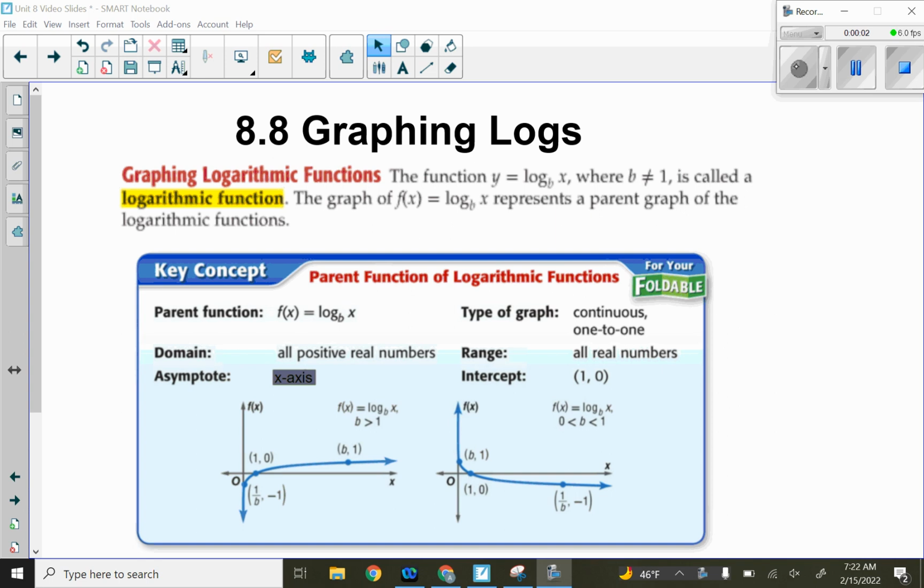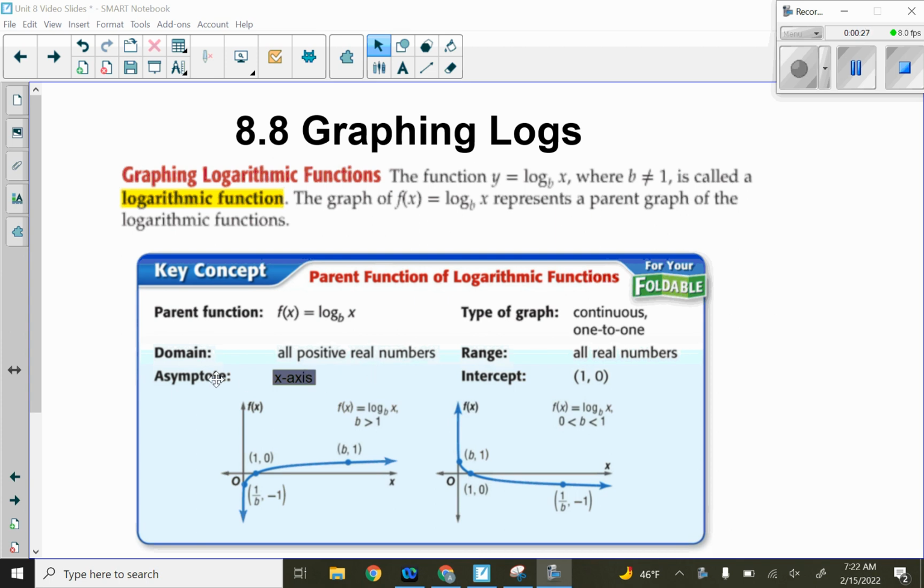In 8.8, we are graphing logarithmic functions. Here is a little bit of background on what our log function looks like. For our domain, we have just log base b of x. It's going to be all positive real numbers.